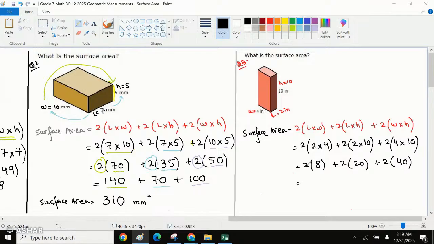So we can add them. 2 multiplied by 8 is 16. 2 multiplied by 2 is 4 with a 0. 2 multiplied by 4 is 8 and the 0. So once we add them together, it should come out to be 40 plus 80. We usually add the numbers ending with zeros first, right? 40 plus 80 is 120. 120 plus 16 is 136. The unit was inches, and we write a square in the power, right?